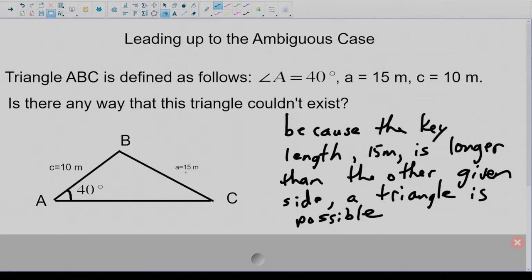Okay, there'd be no way that I could draw this that would not give me a triangle. Okay.